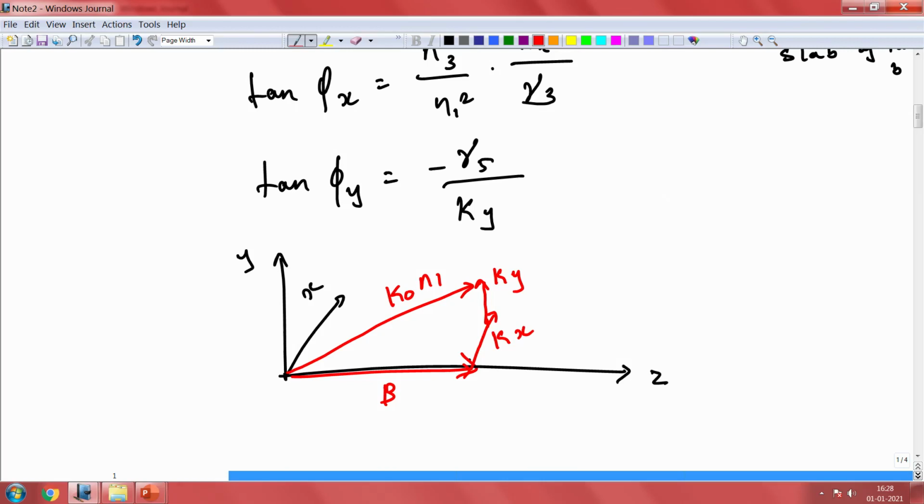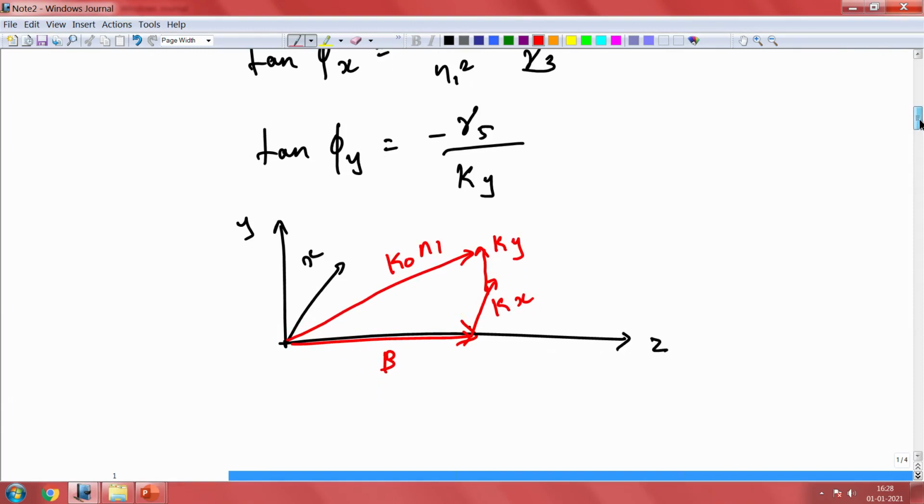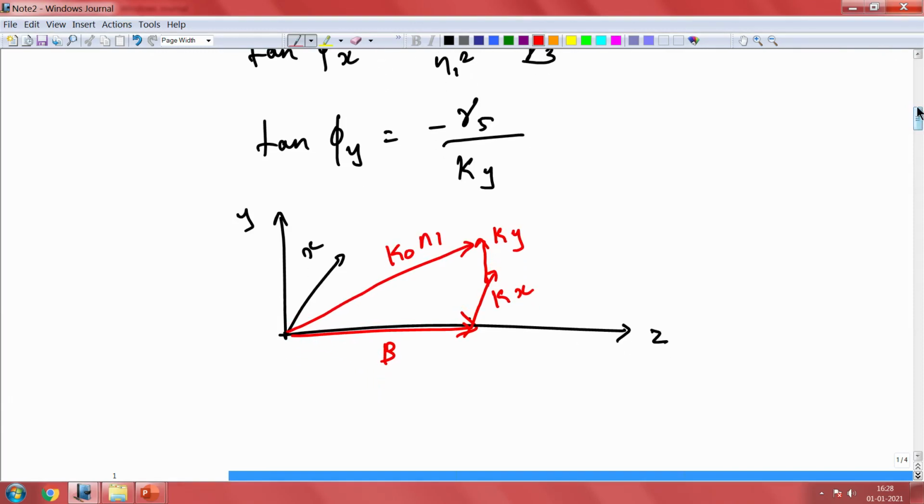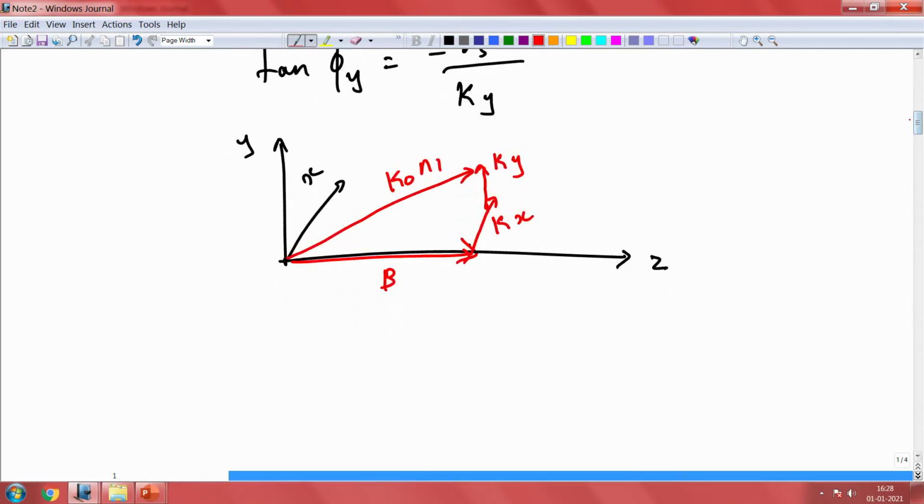So, similar to what we have done for the slab waveguide and other fibers, one can use the normalized parameter here, the normalized propagation constant b, against the normalized frequency v. So, v is our normalized frequency that we know, which we already know, let us say a times the square root of n1 squared minus n2 squared.